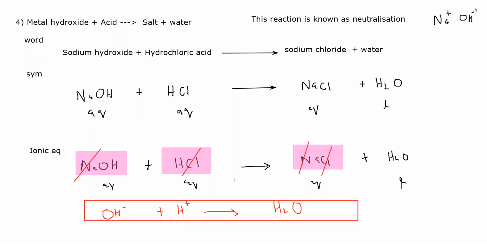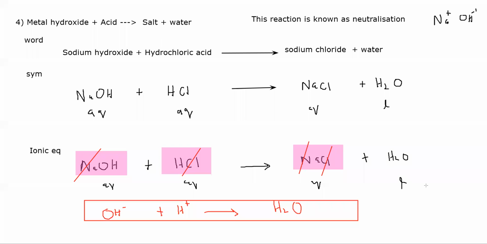In an ionic equation, we write the ions for the substances in aqueous. So OH ions are -1, that's why we write -1. And H ions are +1, so we write H plus, which will give H2O. So the ionic equation is always the same for all acid-alkali reactions. Any kind of acid reacting with an alkali, the ionic equation will be the same, no difference.